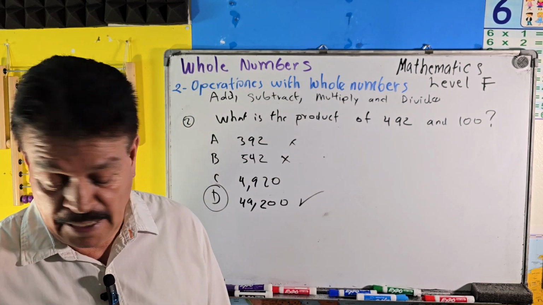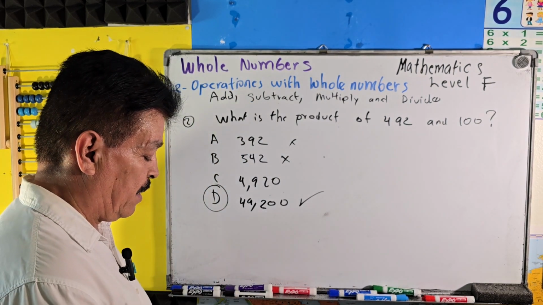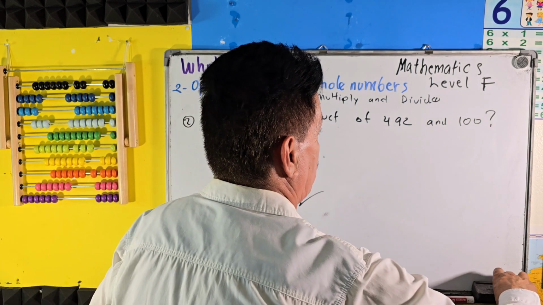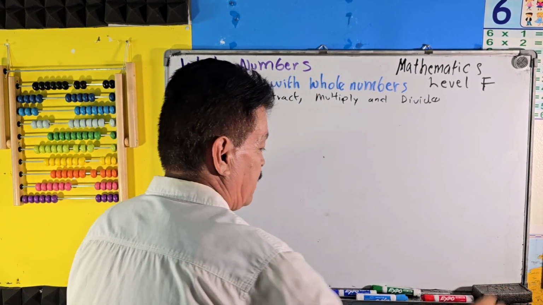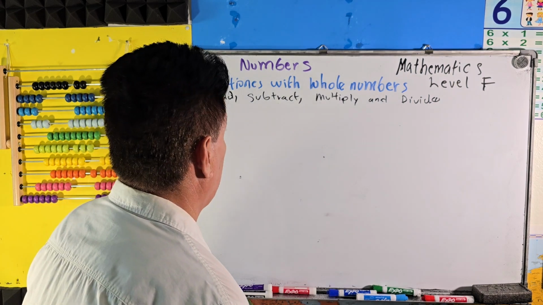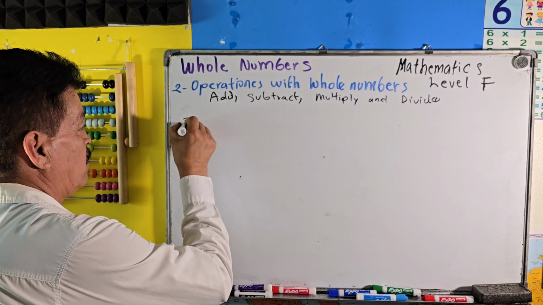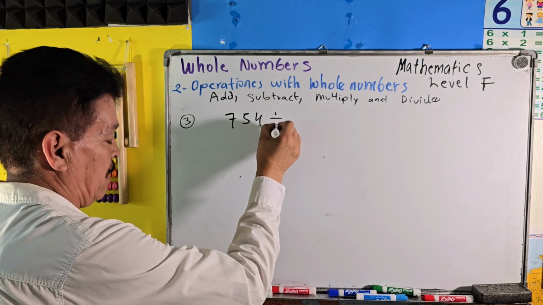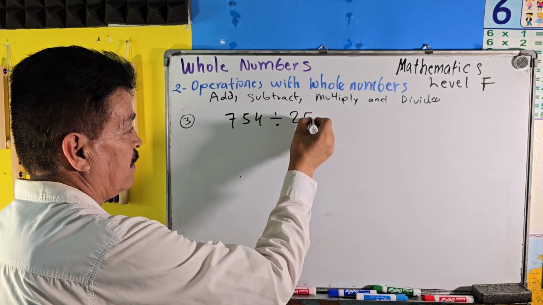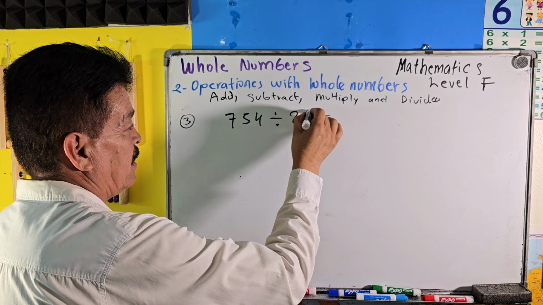All right, let's continue with more questions. So you need to build ability and skill on this kind of problem. So this one, number 3, we have 754 divided by 26.